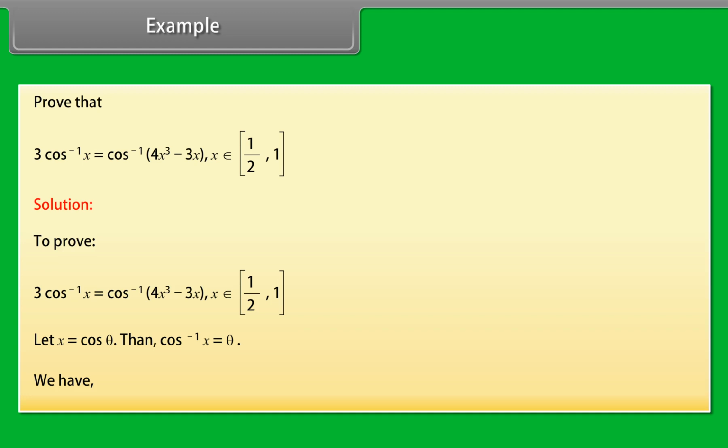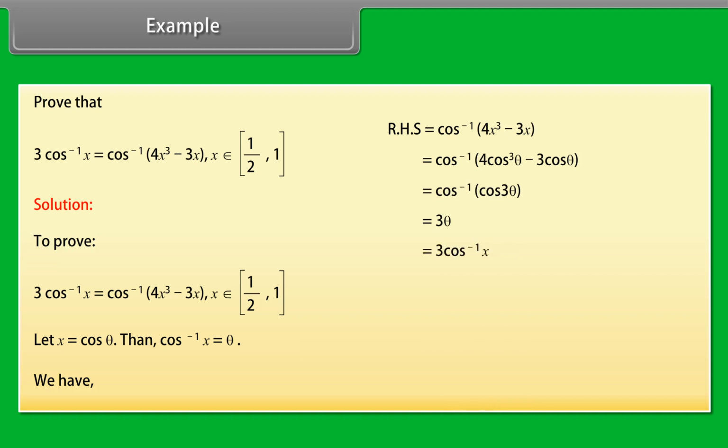We have right hand side is equal to cos inverse of (4x cube minus 3x), which is equal to cos inverse of (4 cos cube theta minus 3 cos theta), which is cos inverse cos 3 theta, equal to 3 theta, equal to 3 cos inverse x, which is equal to left hand side. Hence, 3 cos inverse x is equal to cos inverse of (4x cube minus 3x), x belongs to [1 by 2, 1].